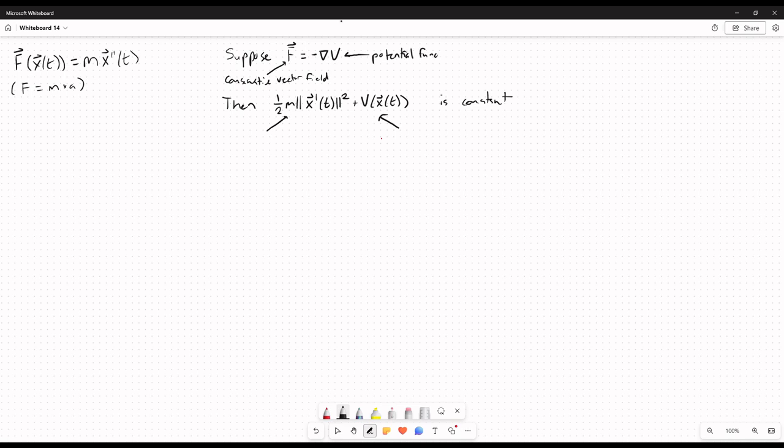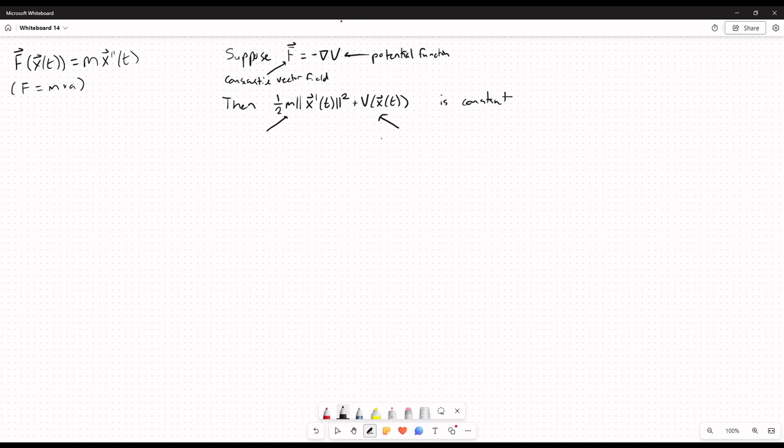Part of the reason we have that negative sign is because if we look at the flow lines of F, and we plug those into v, then if you follow the flow lines, you're going to go to lower and lower values of the potential function.